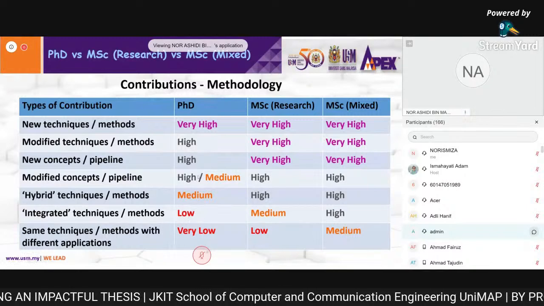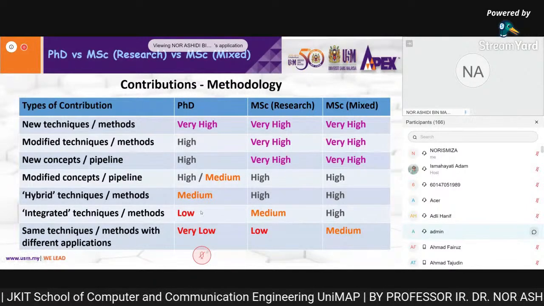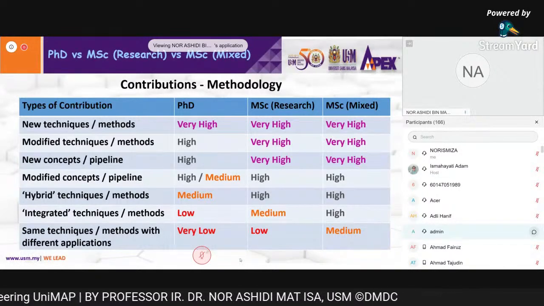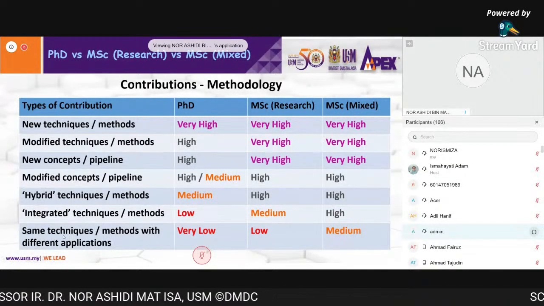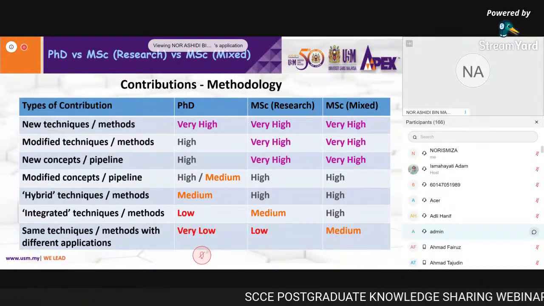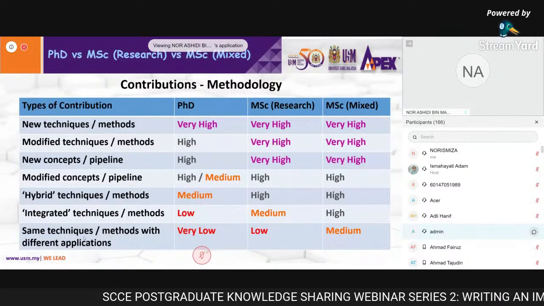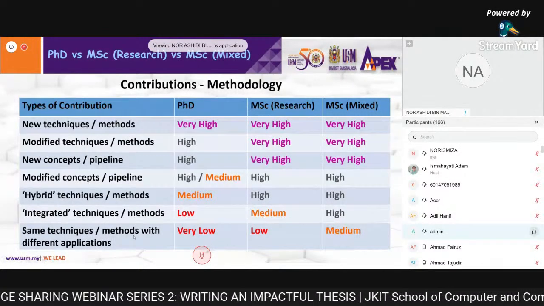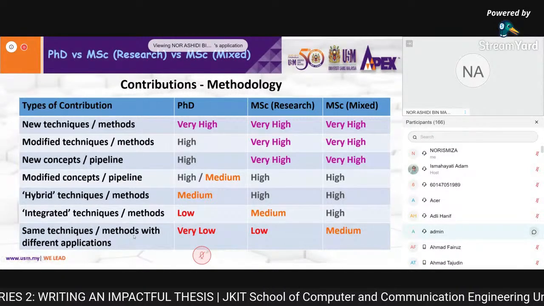So that's why I give a different level of contribution for both processes. Okay, and then for the last one, this is for me, I don't advise you to go for this kind of contribution. You use the same techniques, the same method, but for a different application.